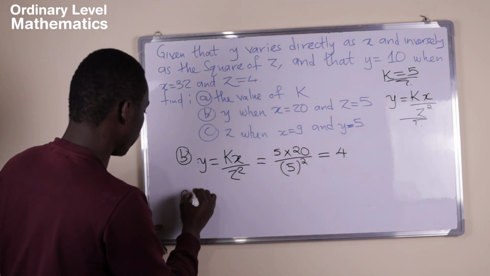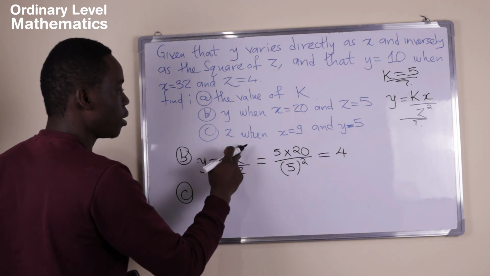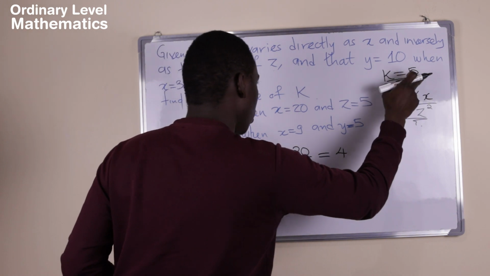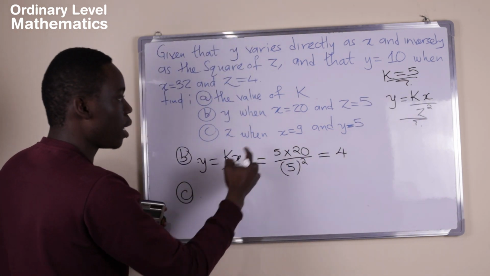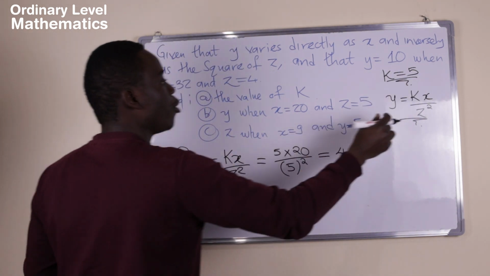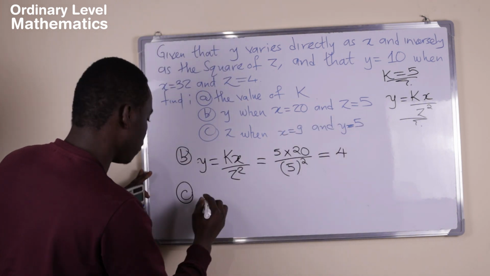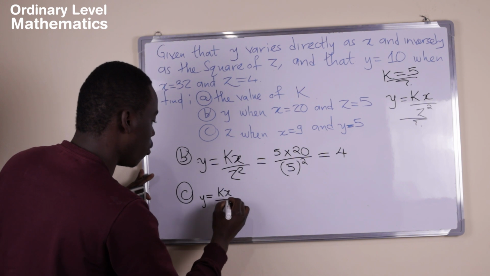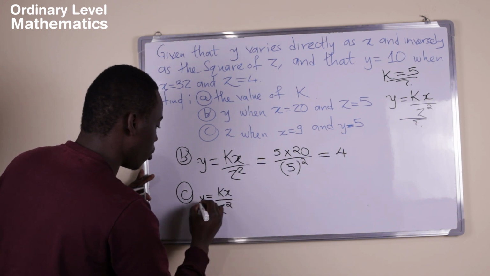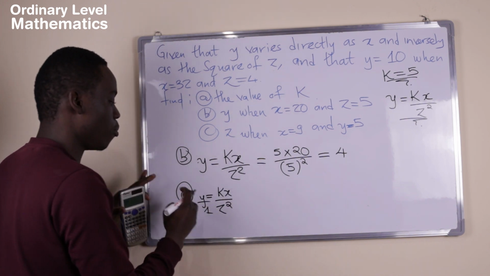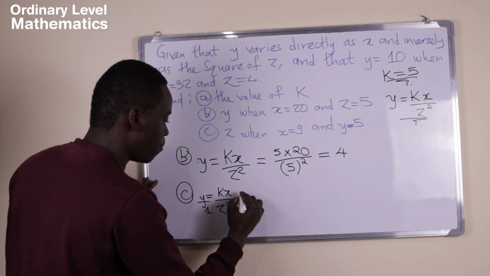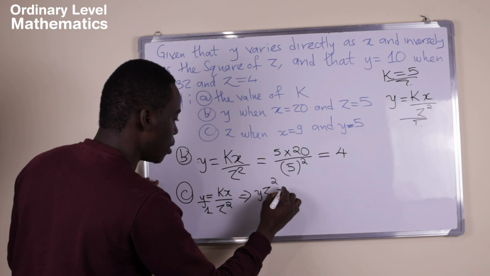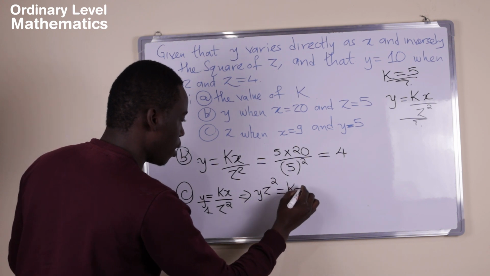Now, how do we solve the last one? Z when x is equal to 9 and y is equal to 5. Always we're using the constant, which is 5. Since we're finding the value of z, we're going to make z the subject of the formula. So y is equal to kx over z squared. We cross multiply here so that we have them on one line. So this will be y z squared is equal to kx.